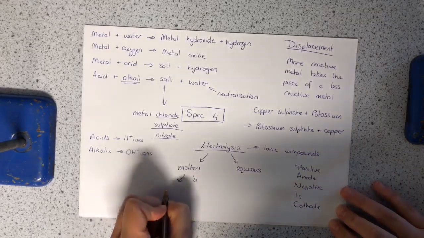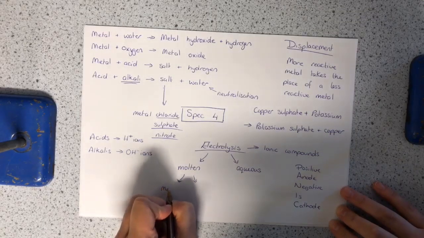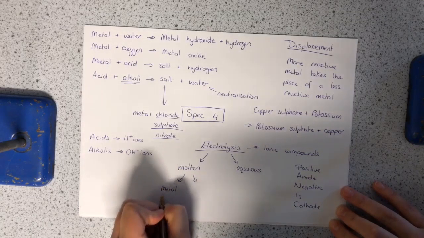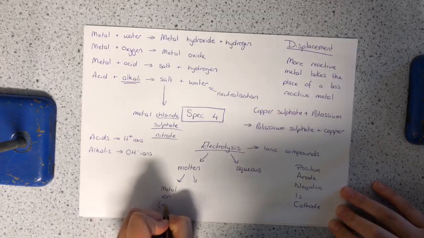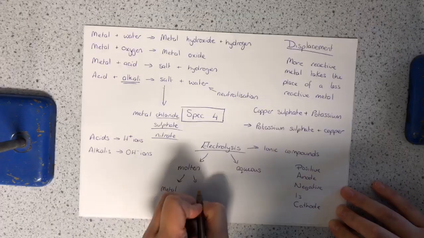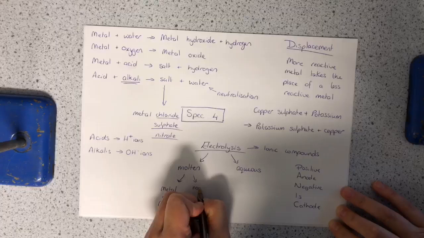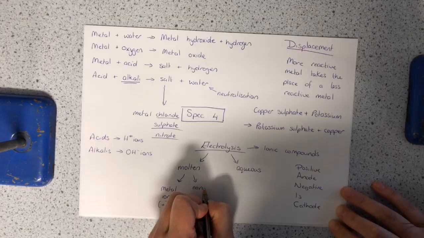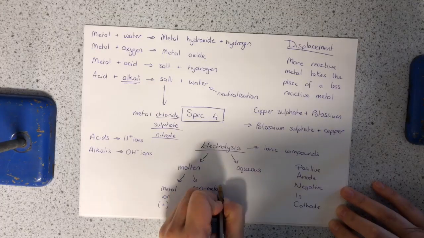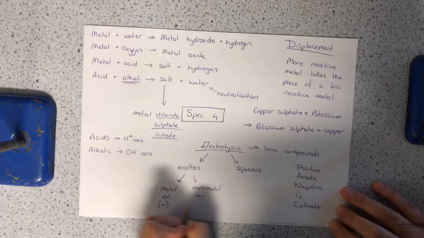So in molten, you'll have your metal ion, which is positive. I'll just pop that in brackets. And at the anode, you'll produce your non-metal ion, which will be negative. So that one's nice and simple.